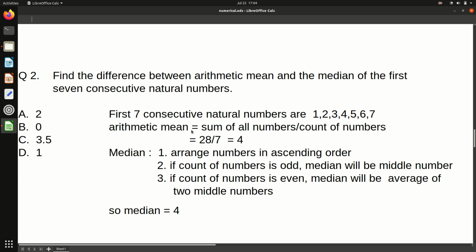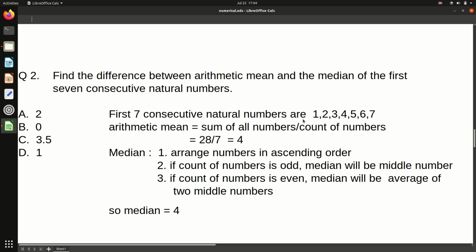So see, to calculate mean, it is very easy. Just add all the numbers and then divide it by how many numbers you have. In this case, at first I would add 1 plus 2 plus 3 plus 4 plus 5 plus 6 plus 7, and then divide it by how many numbers. There are 7 numbers.